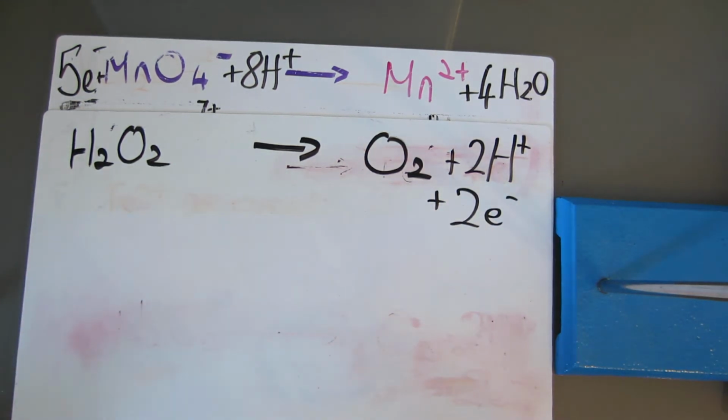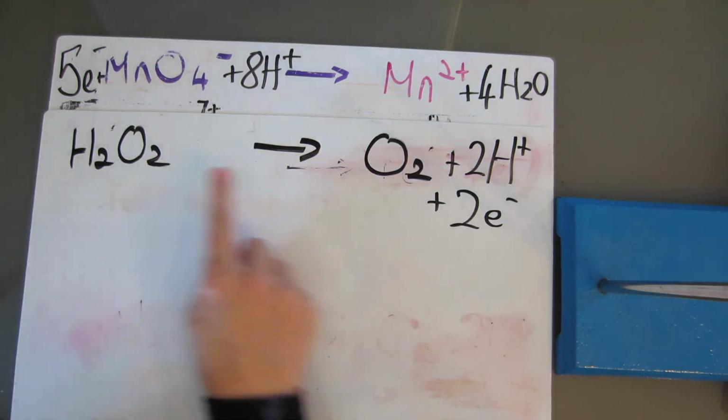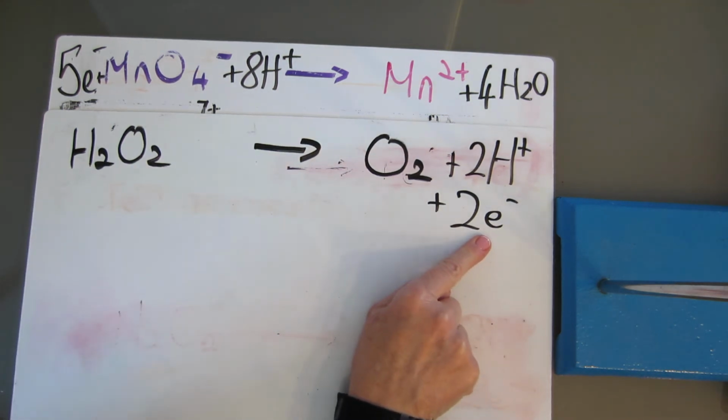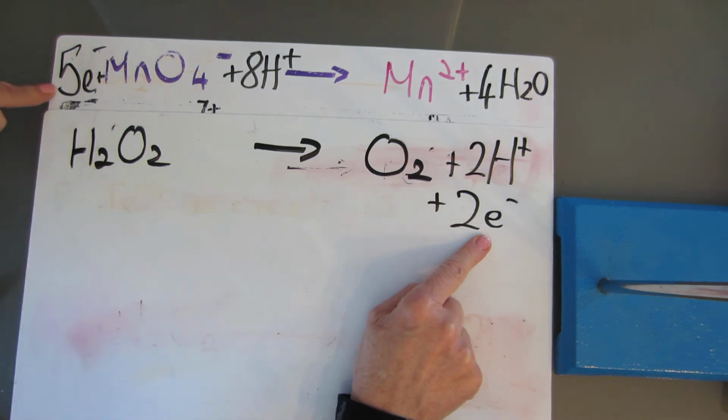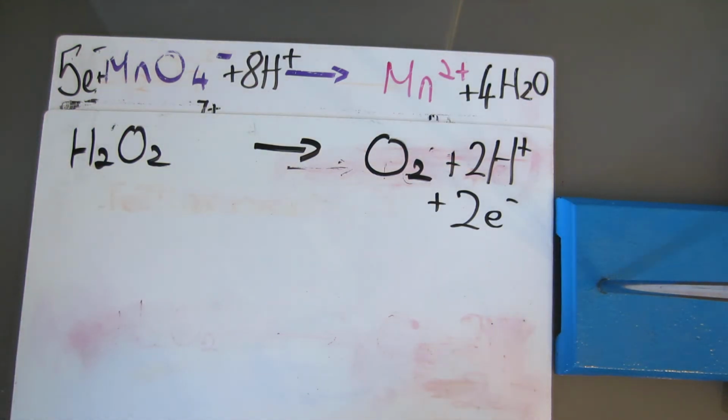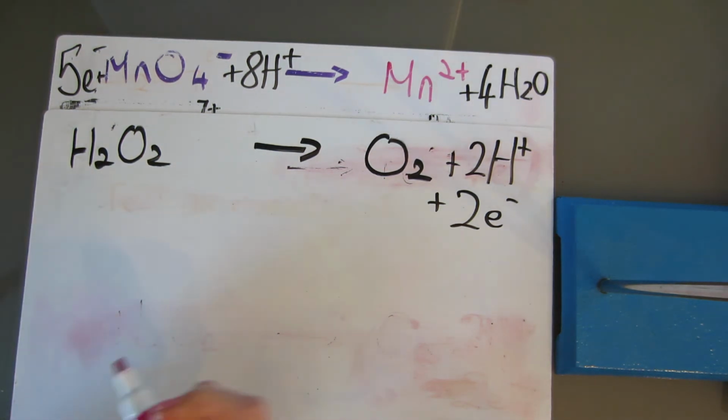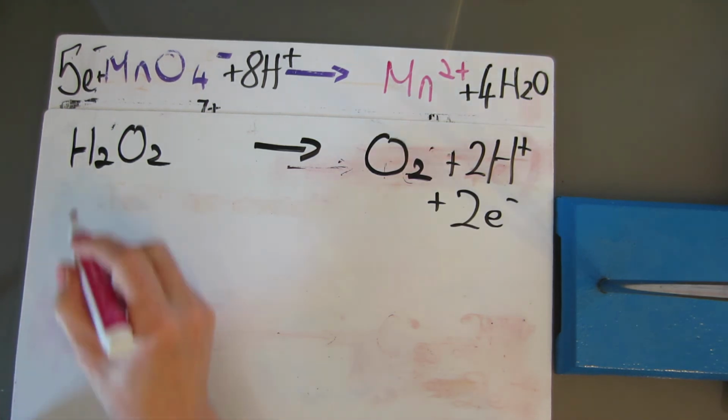So I have a problem here because each hydrogen peroxide gives away 2 electrons. Each MnO4 minus gains 5 electrons. So what's a common factor numerically between 5 and 2? I have to try and make everything up to 10. So what am I going to do here?